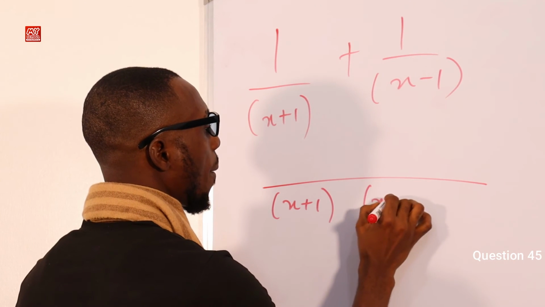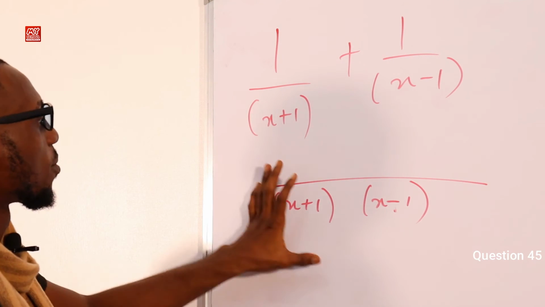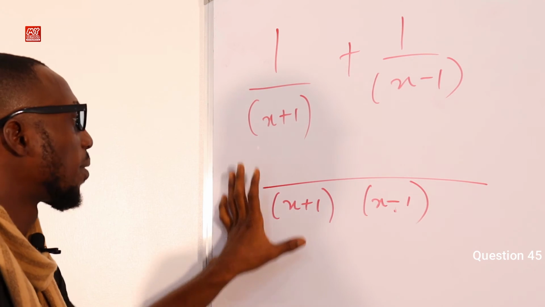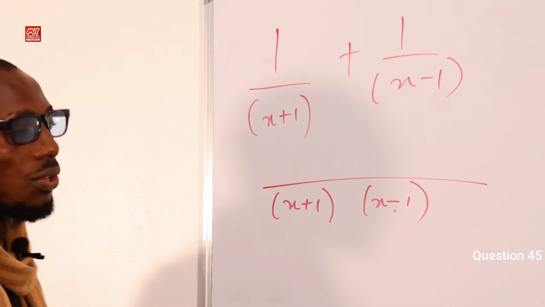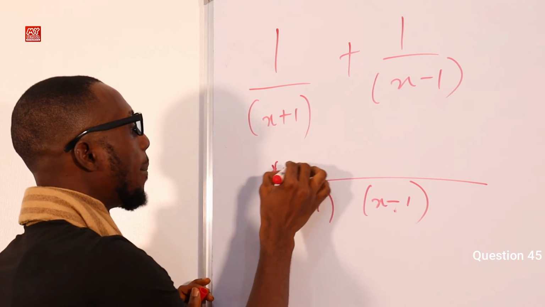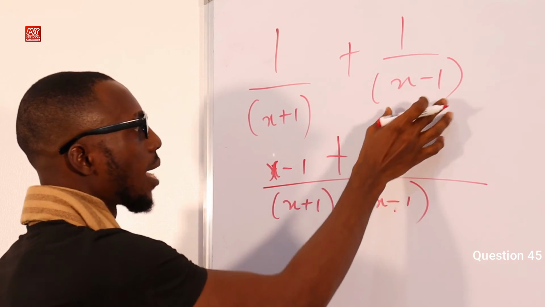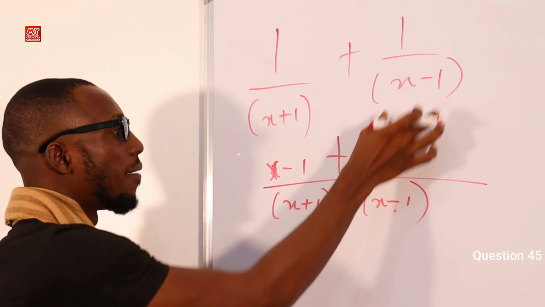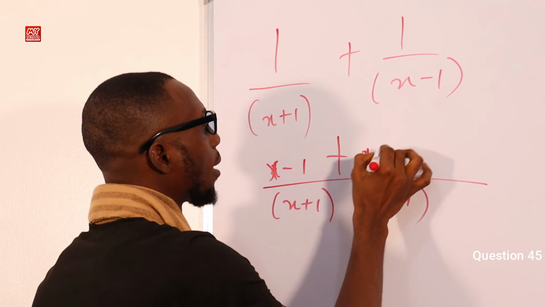Okay, x minus 1. So x plus 1, when you try to pull it out of here, what you have left is x minus 1. So x minus 1 times 1, you are going to have x minus 1. I try to neglect the bracket to make our work faster. x minus 1 from the LCM, what you will have left is x plus 1. So x plus 1 times 1, we have x plus 1.